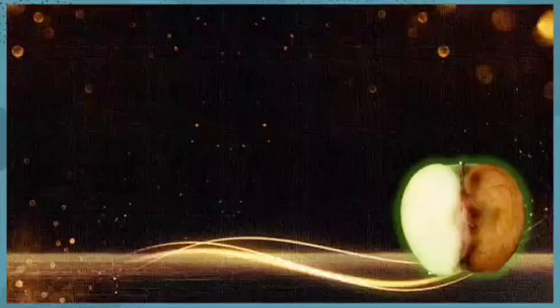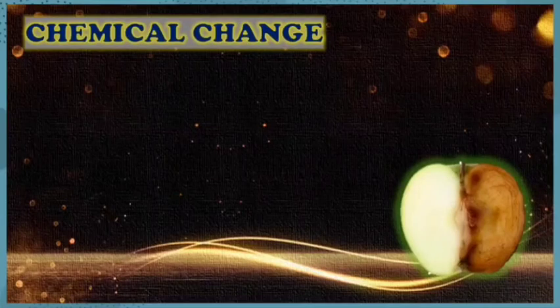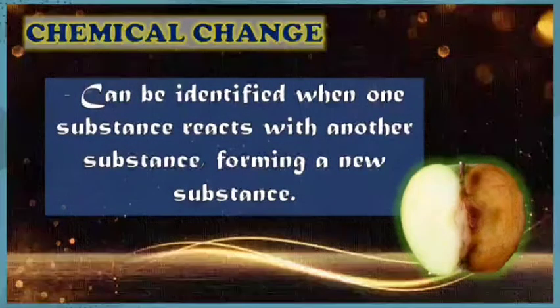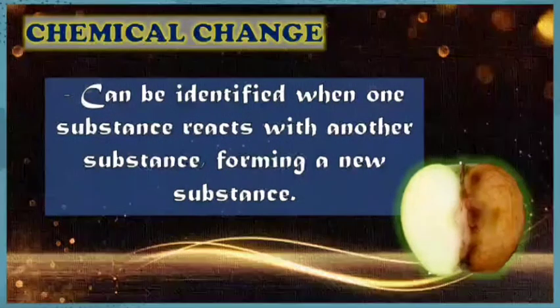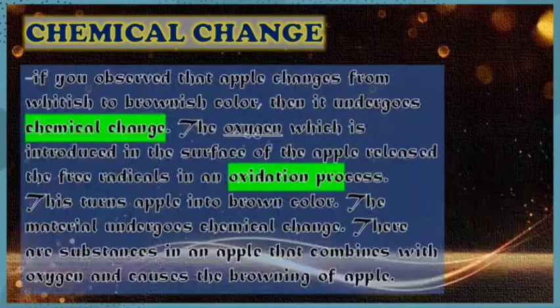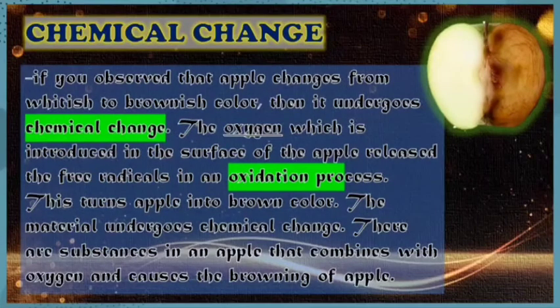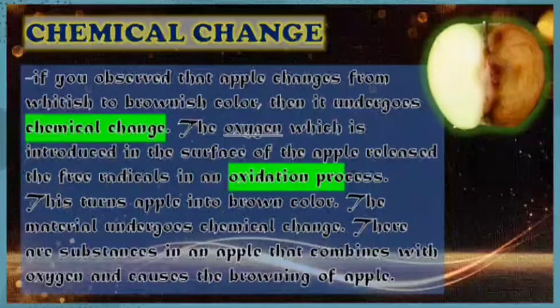So let's now proceed to chemical change. It can be identified when one substance reacts with another substance, forming a new substance. If you observe that an apple changes from whitish to brownish color, then it undergoes chemical change.